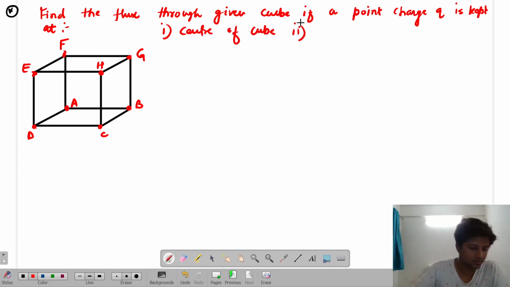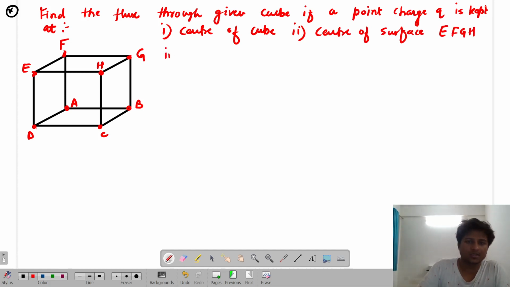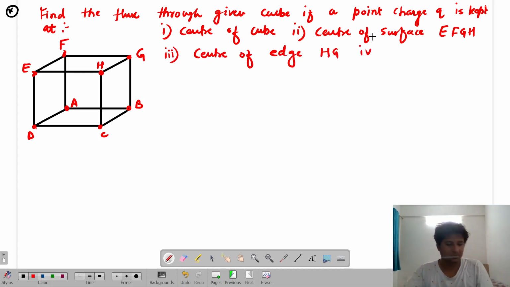Second case, center of surface EFGH. Third case, center of edge HG. And fourth case, corner G.